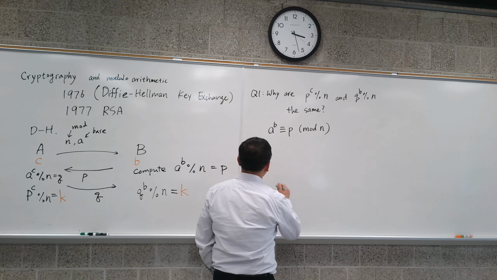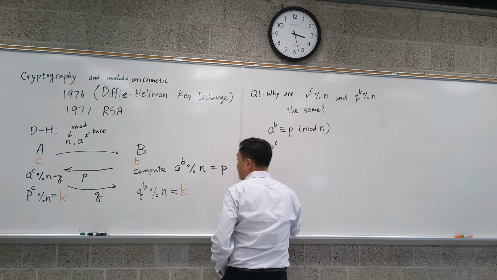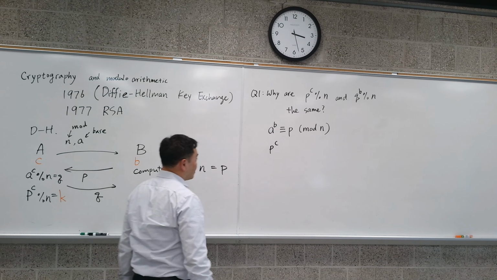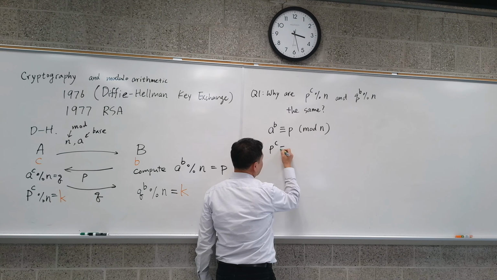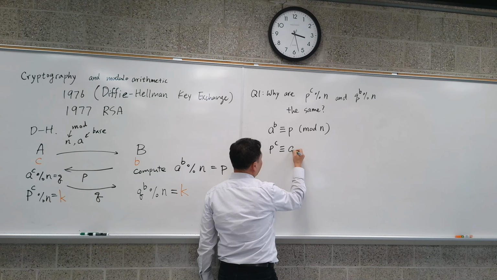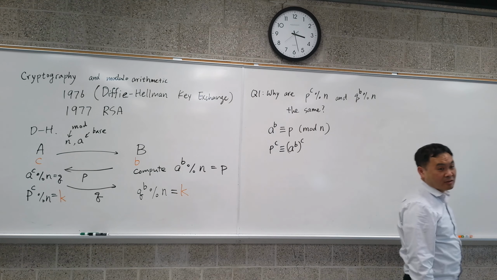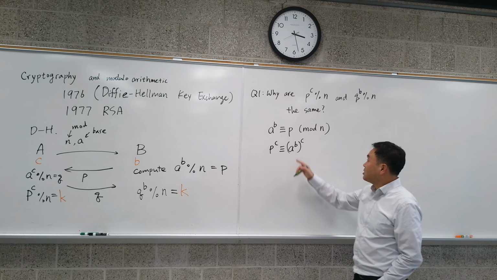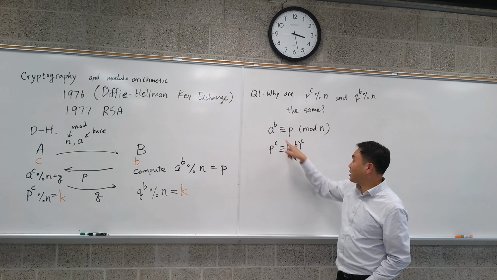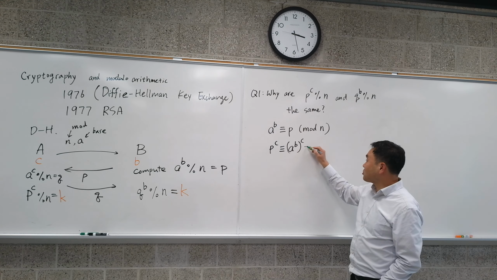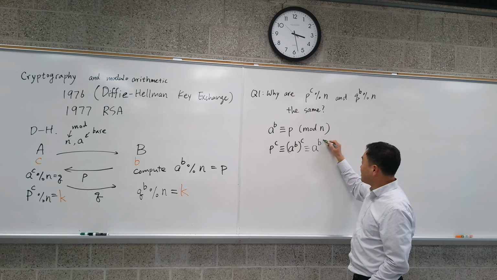Therefore, if you take P to the C, that's going to be congruent to A to the B to the C, right? Because P and A to the B are congruent, so I can replace P by A to the B. But that's going to be congruent to A to the BC.